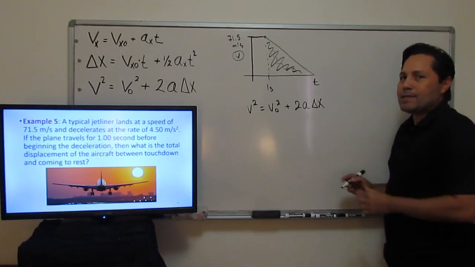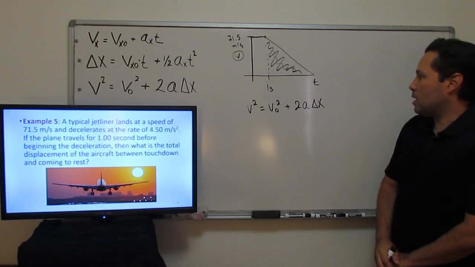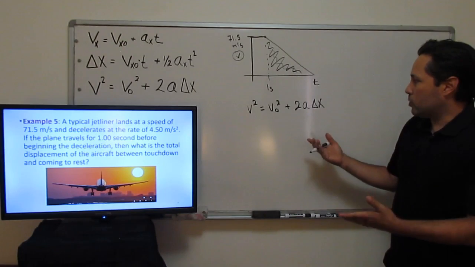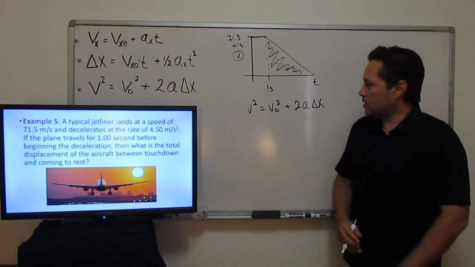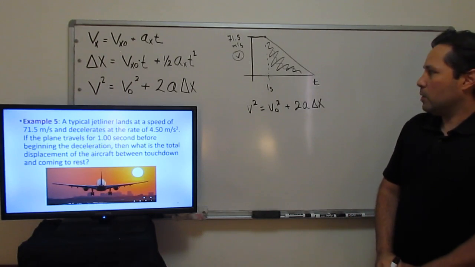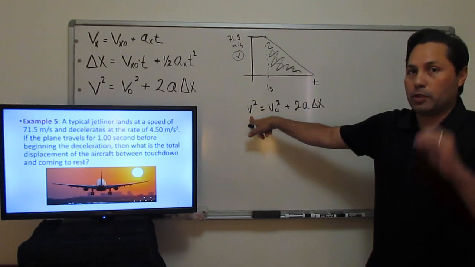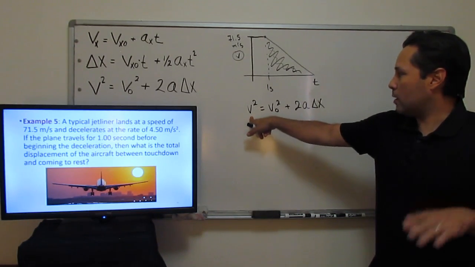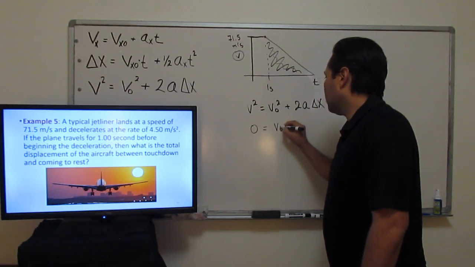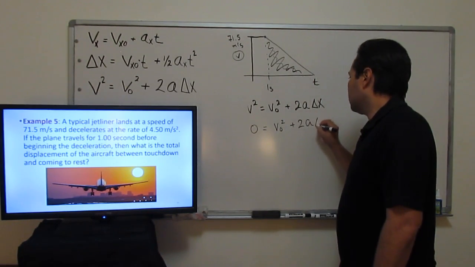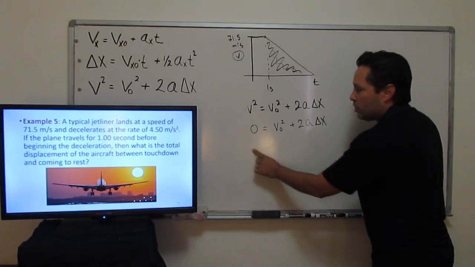So I need to isolate delta x, that's the displacement. First of all, one of these is a 0, which is this right there. Why? Because the plane at the end of this problem has a velocity of 0. So that's going to go away, so I'm going to put 0 right here. Next, I'm going to move the original velocity over to this side.